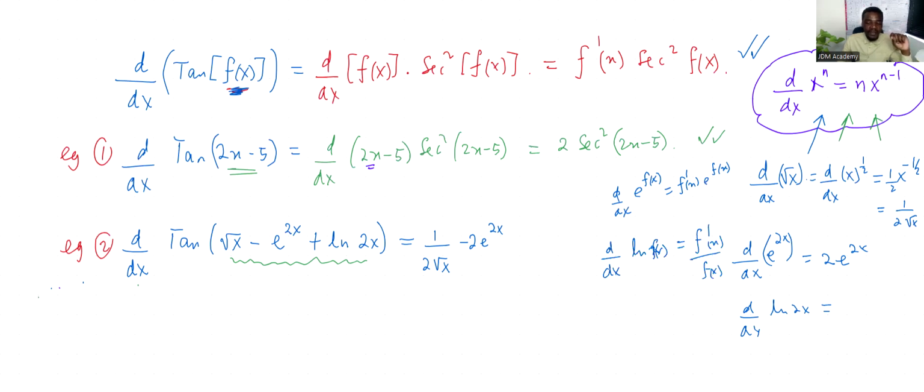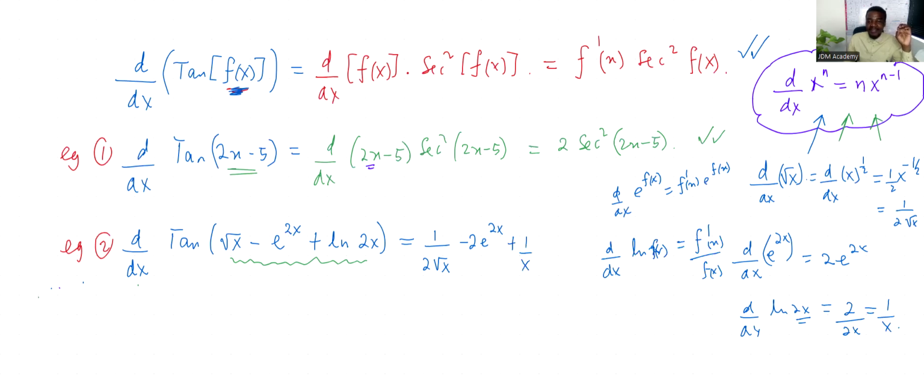So here, for us to find the derivative of ln of 2x, we need to find the derivative of 2x, which is going to give us 2. And we divide that result by 2x, and this will simplify to 1 over x. So yes, we take this result and put it here. So it's going to be plus 1 over x.